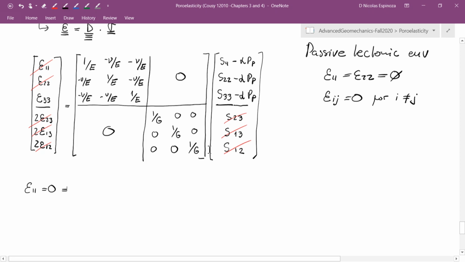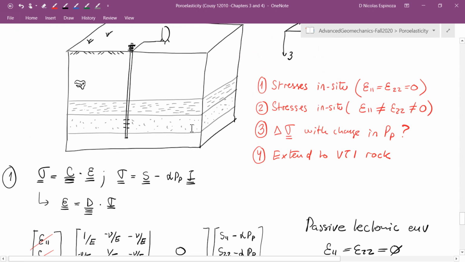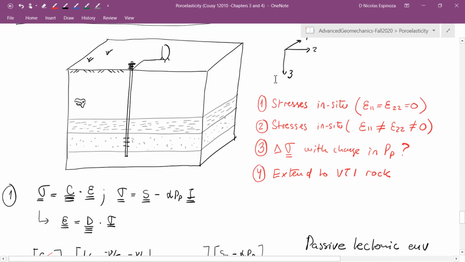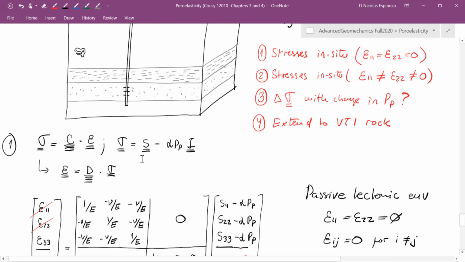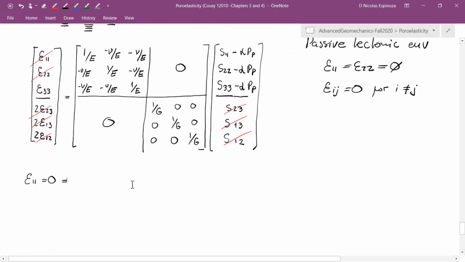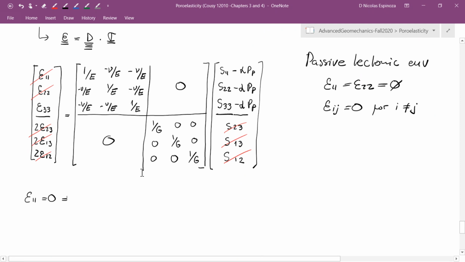For reasons that are going to become more evident later, let me work with direction 2, and that's why I also made my plot like that. So S11 is going to be equal to S22, and let me write now the full equation so it's clearer. It's just a product of the first row times the vector. This is the first element.